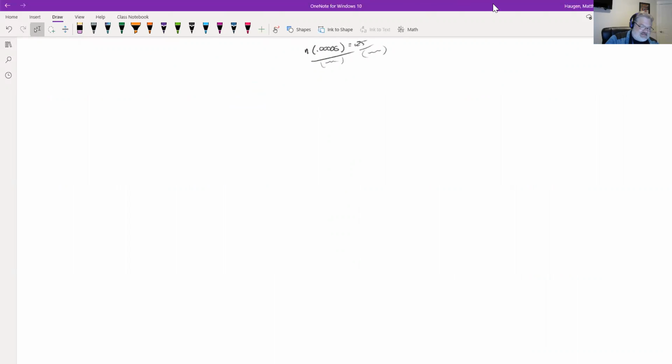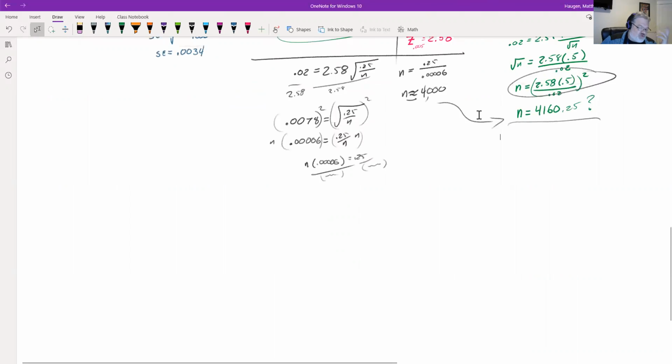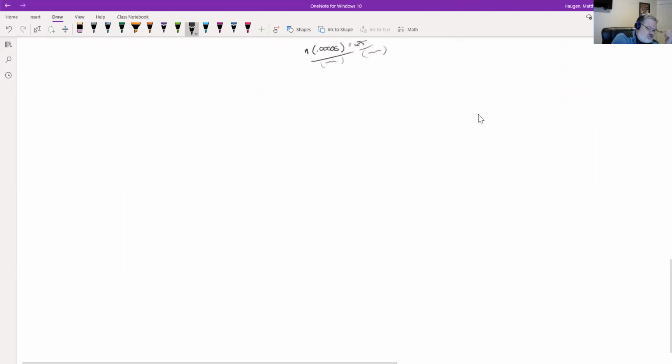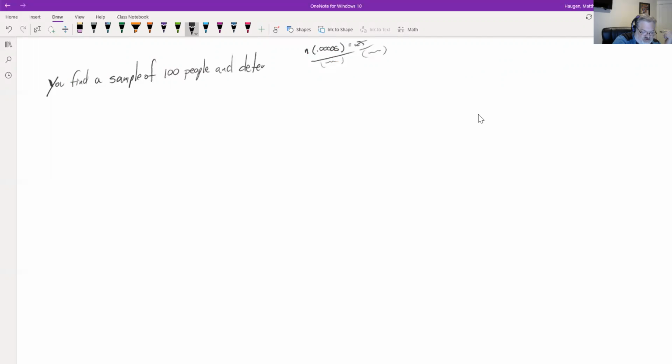So let's say instead of this being a problem on proportions, let's say it was a problem on means. Again, it's going to sound very similar. You find a sample of 100 people and determine their mean average, of course, their average something.